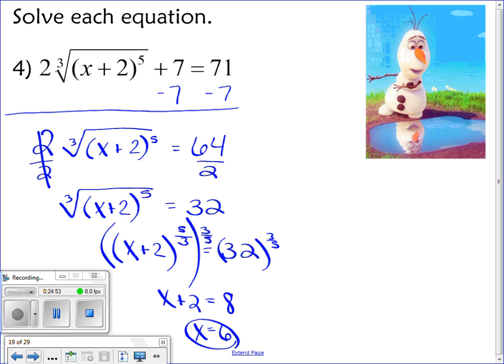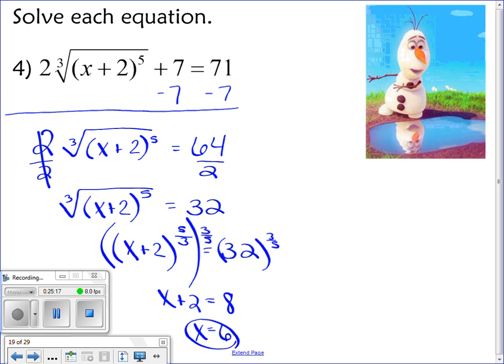What's the 5th root of 32? It's 2, because 2 times 2 times 2 times 2 times 2 is 32. So then I'm doing 2 cubed, which is 8 in my head. I'm taking the 5th root of this, and then I'm cubing that answer. It's the same idea. If you want to use a calculator, by all means, but I want to make sure you understood that you can do those things in your head.